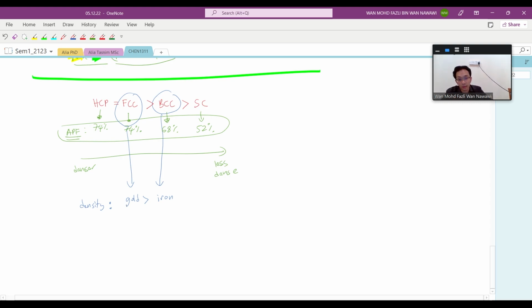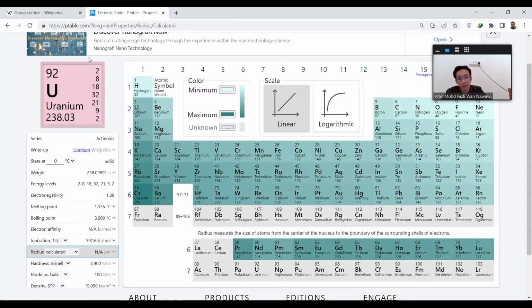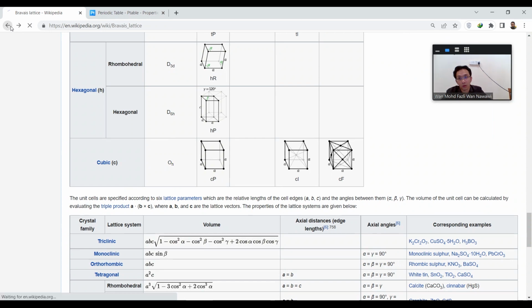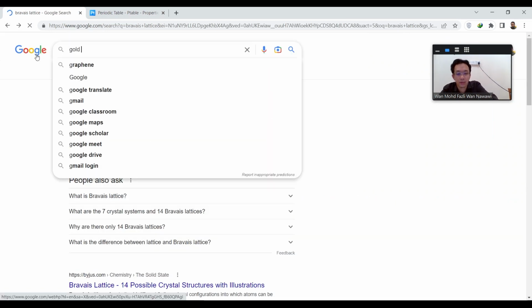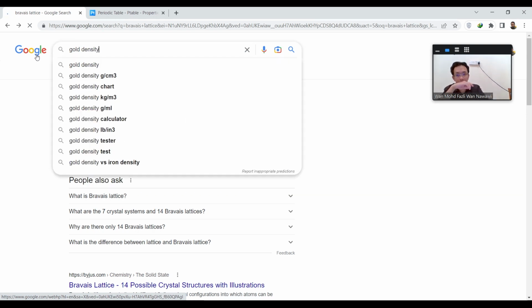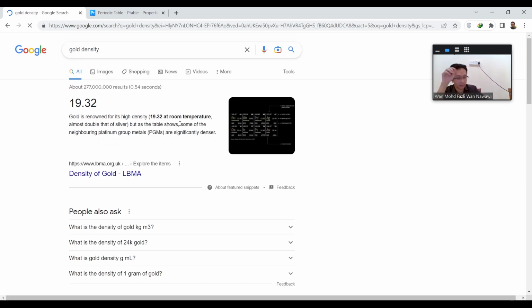If you look in Wikipedia and search for gold density, you get 19.3.